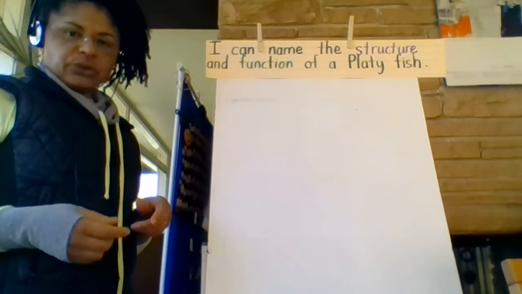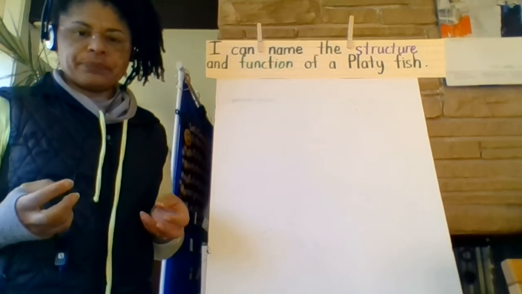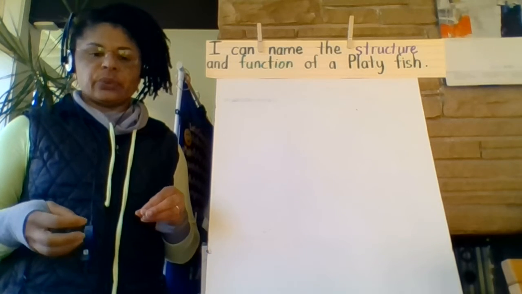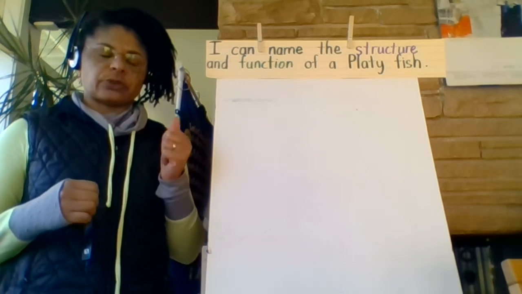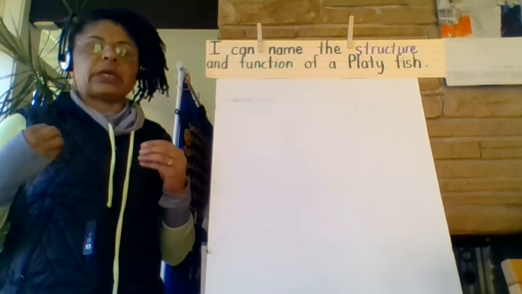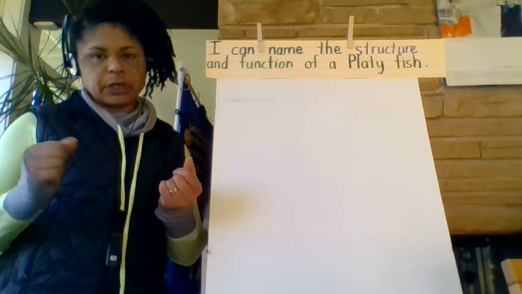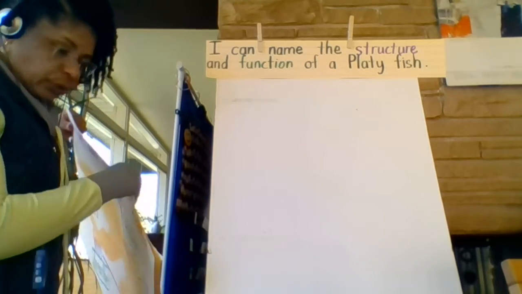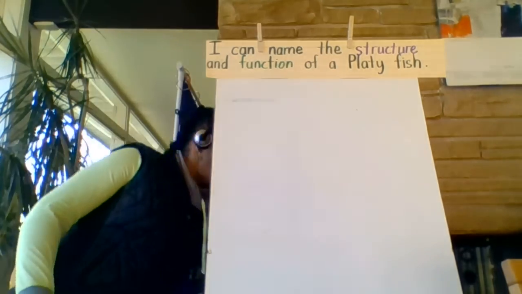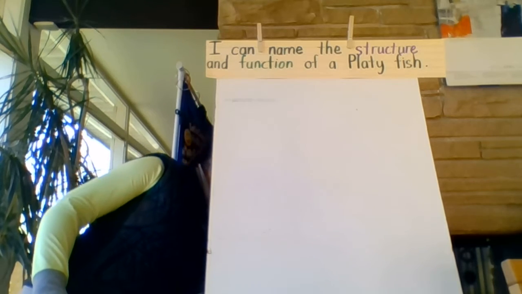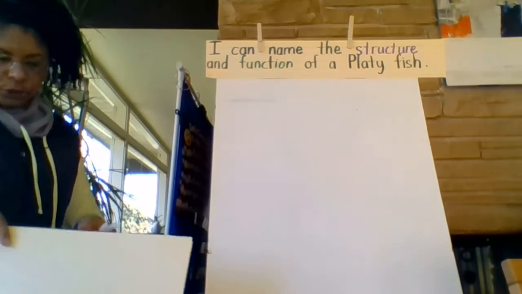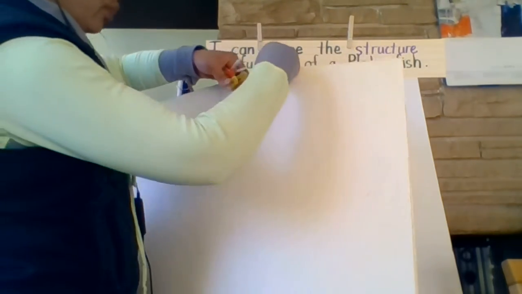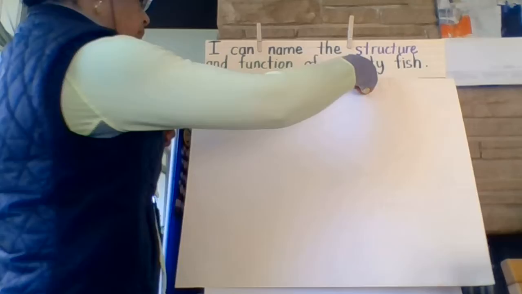In our science unit, Animals 2x2, we take pairs of animals and then we learn their functions, their structure, and we compare them. Right now we are going to do our scientific illustration of the platyfish, and then in a different section we'll do the comparison between them.